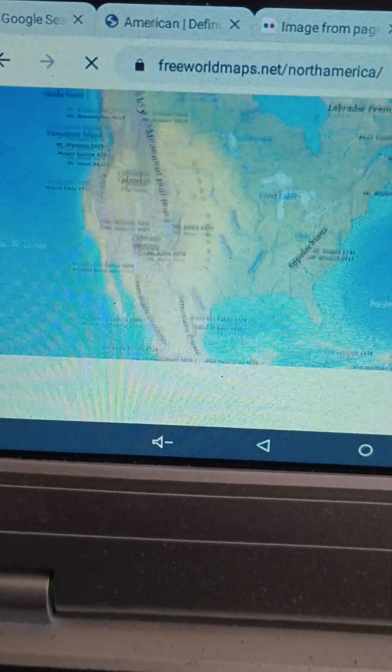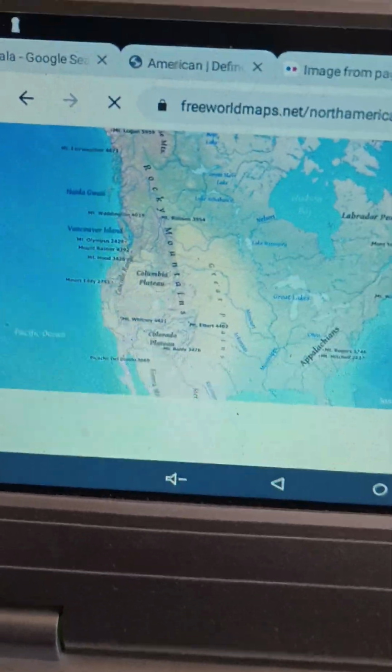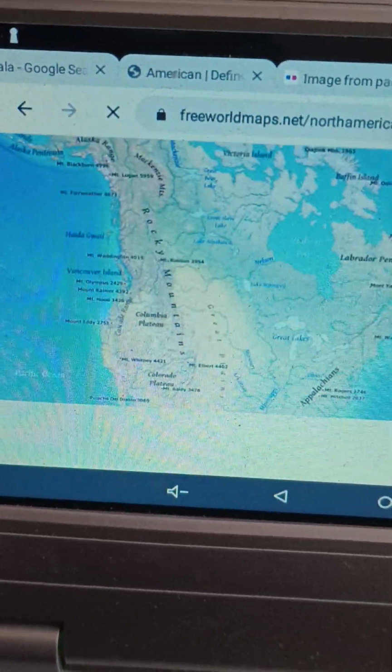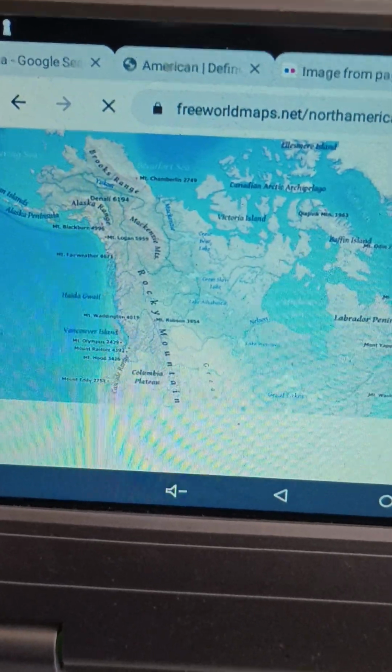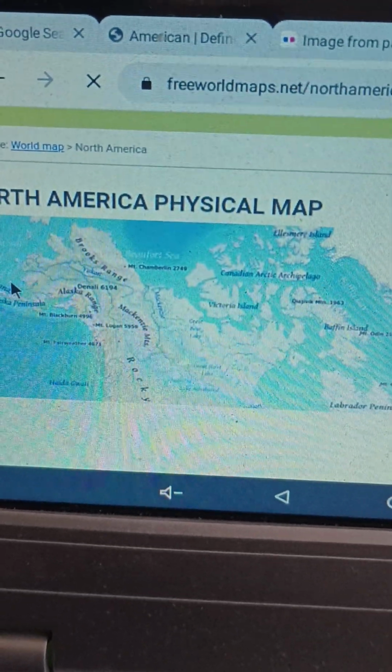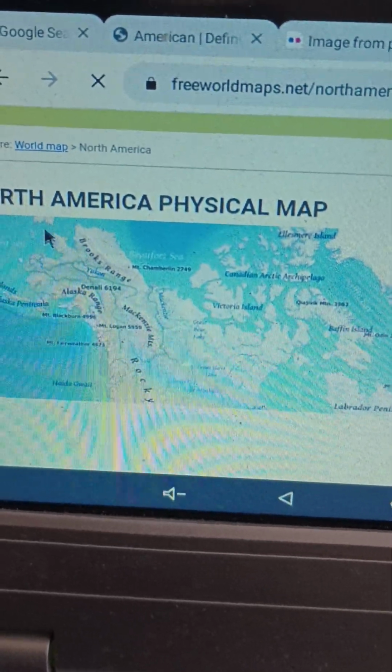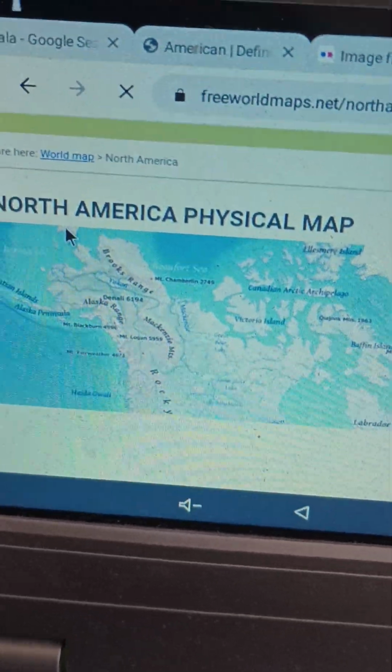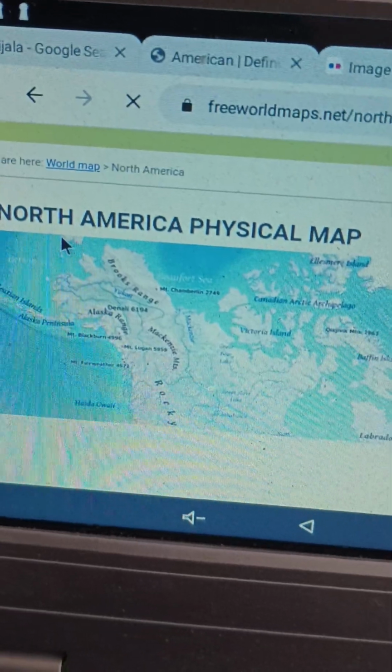Now, going up here, in the Aleutian Islands, you can't see, but this tiny bit here is Russia or Siberia.